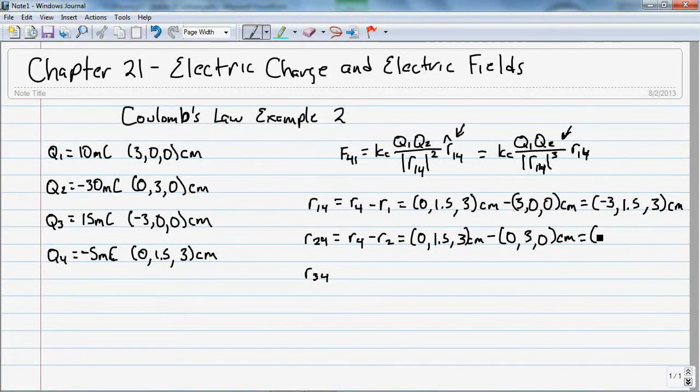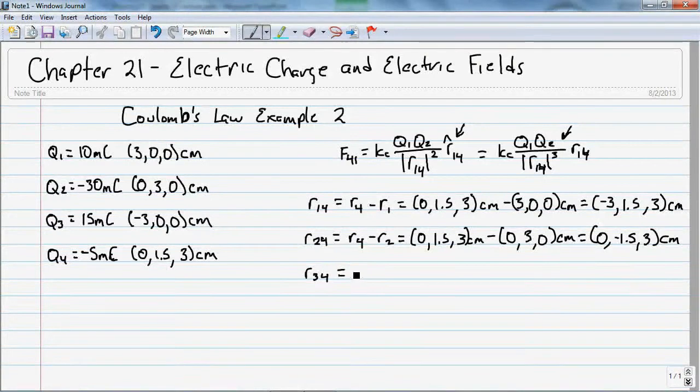That leaves me with R24 as 0 minus 0 is 0, 1.5 minus 3 is minus 1.5, and 3 minus 0 is 3 centimeters.